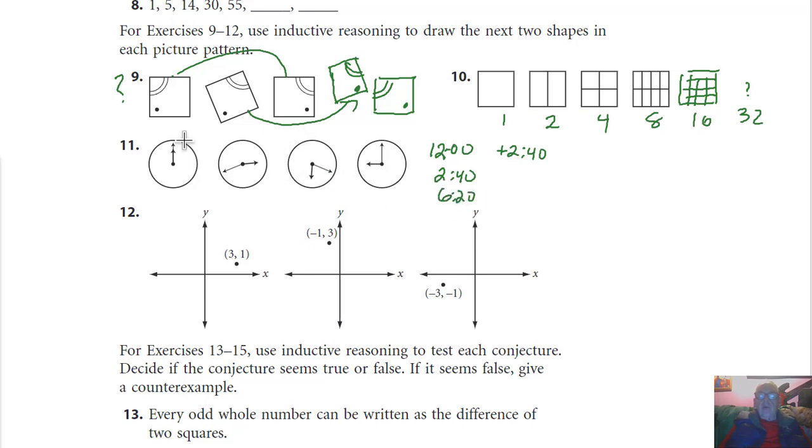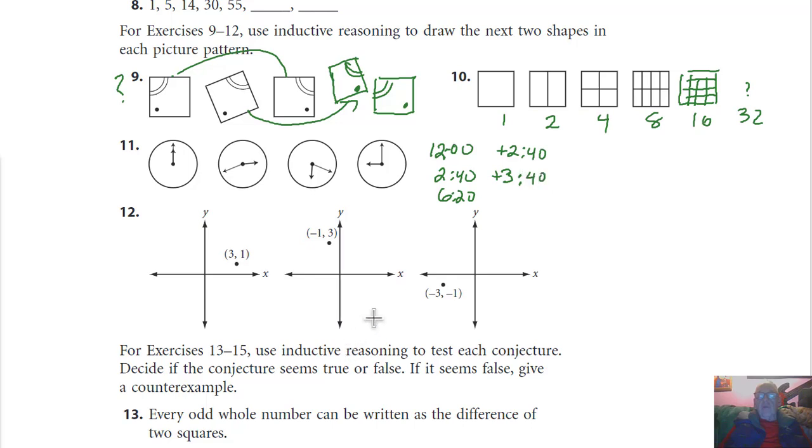I realize a lot of people don't see analog clocks anymore. To go from 2:40 to 6:20, we're adding 2:40, 3:40, 4:40, 5:40, 3 hours, and another 40 minutes is going to make it 20 after 6.